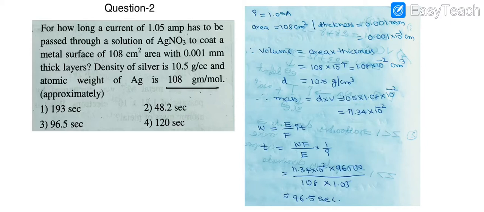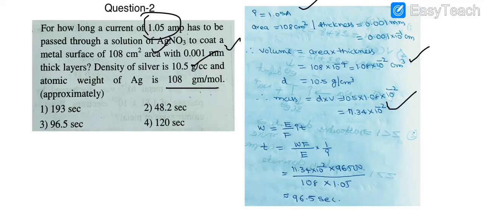First they have given the current, 1.05 ampere, and they gave area and thickness. By using area and thickness we can find the volume. Once we know the volume, they already gave the density, so using density and volume we can find the mass of the substance.